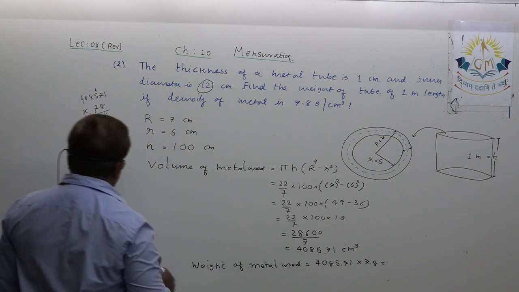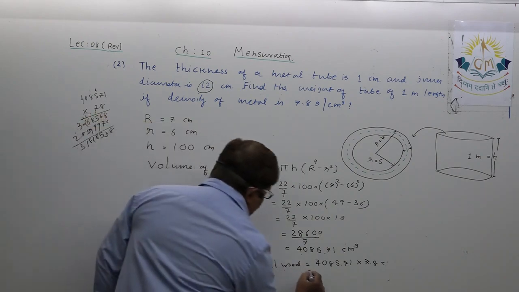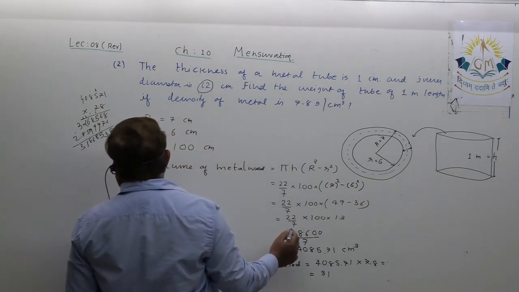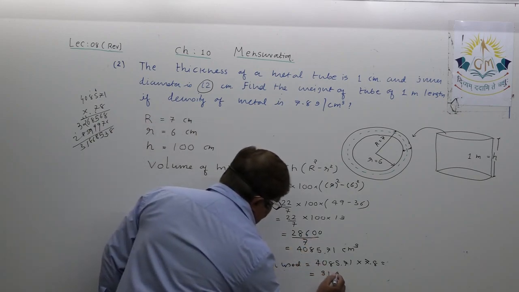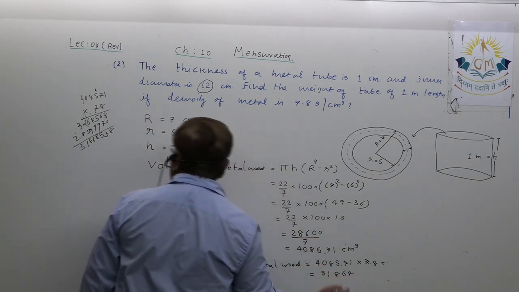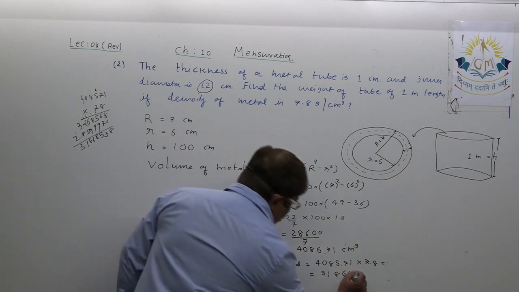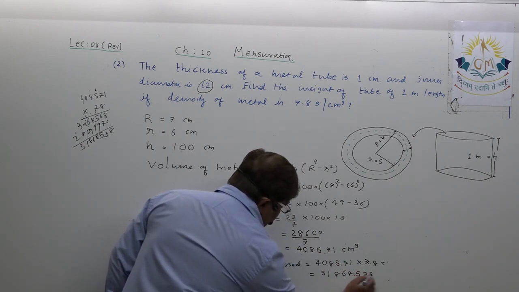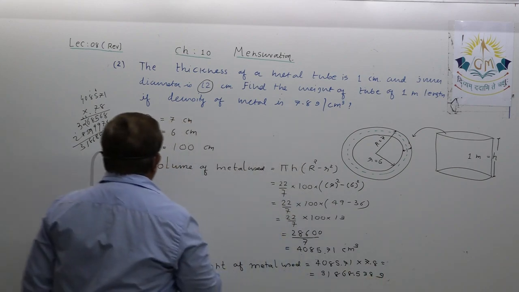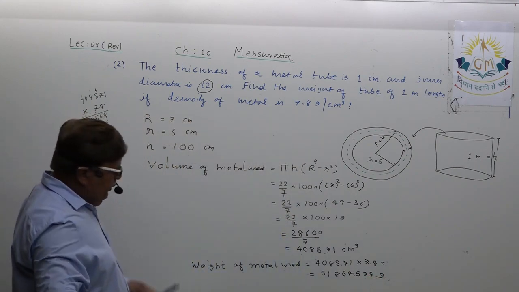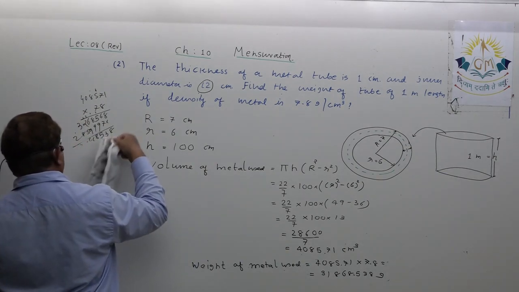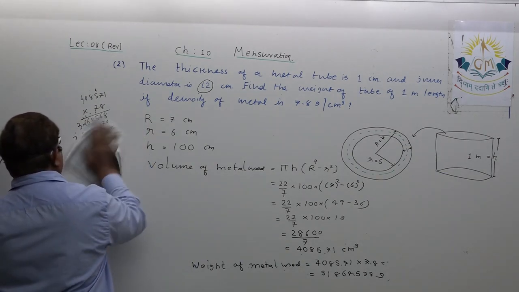So your final answer is going to be 31868.538. Just cut the decimals, point gram. Okay, this is the final answer. This much will be the weight of the metal to be used.